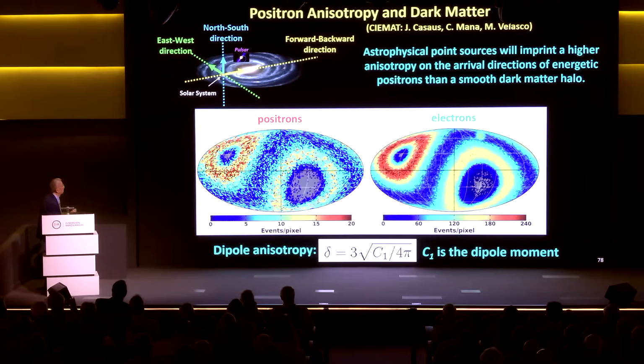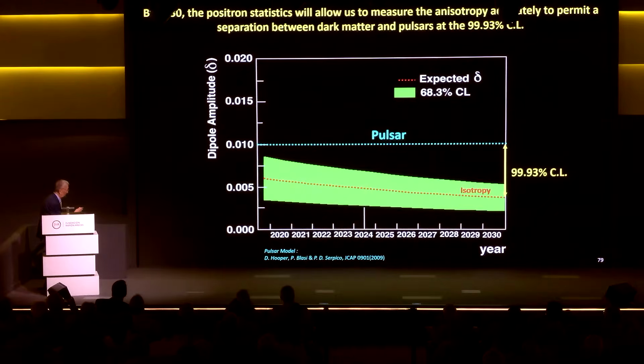And this is Jorge Casals, Carlos Manuel, and Velasco. And by 2030, we will separate between pulsar prediction and dark matter prediction at the 99.3 confidence level. This will be a major contribution from CMR.